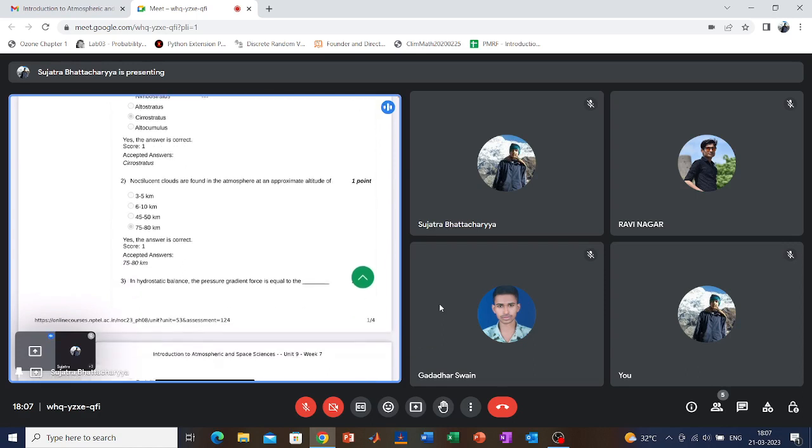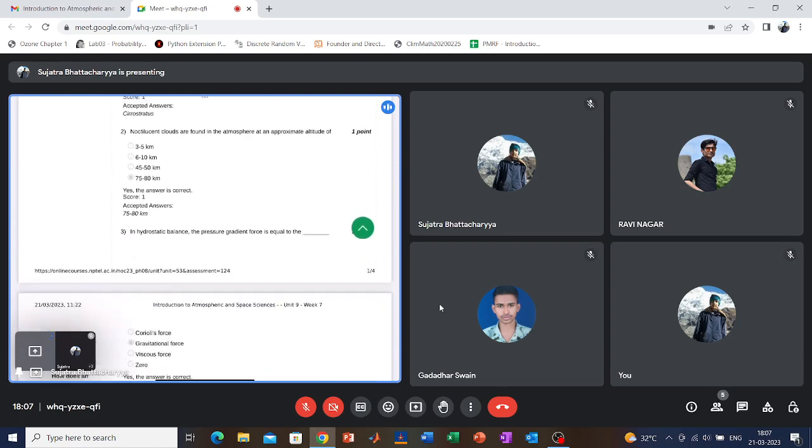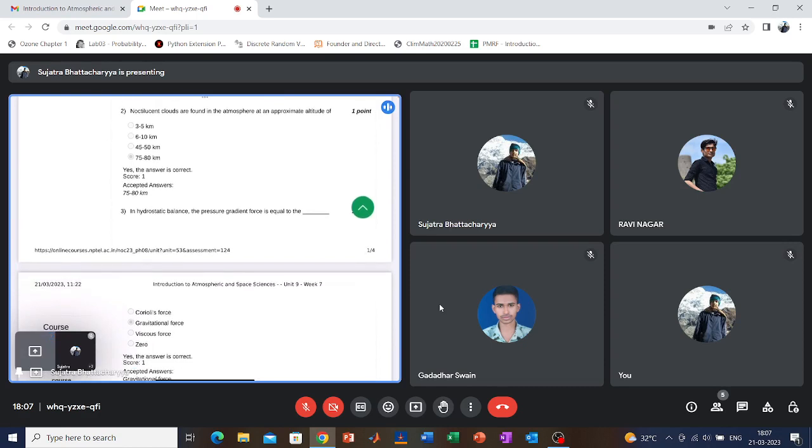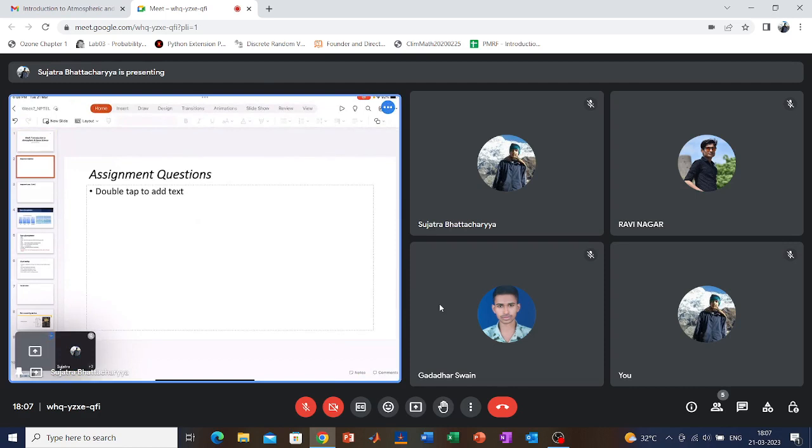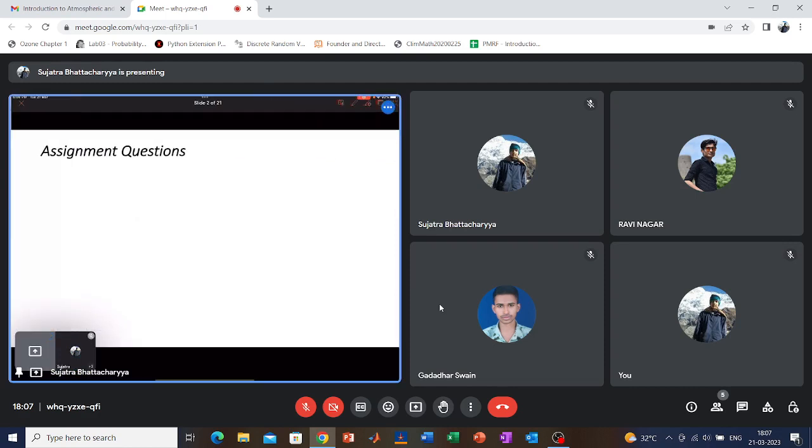In hydrostatic balance, the pressure gradient force is equal to, of course, the gravitational force. So the expression becomes minus 1 by rho dp/dz is equal to g.